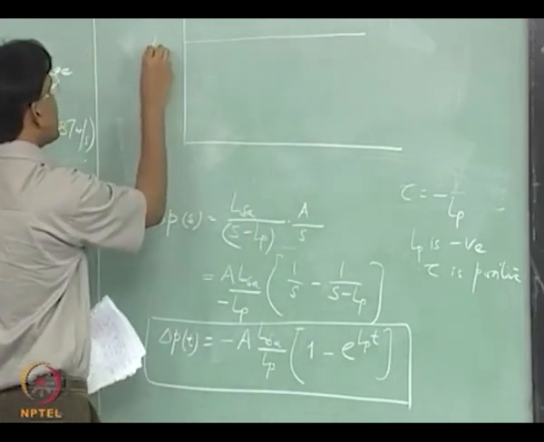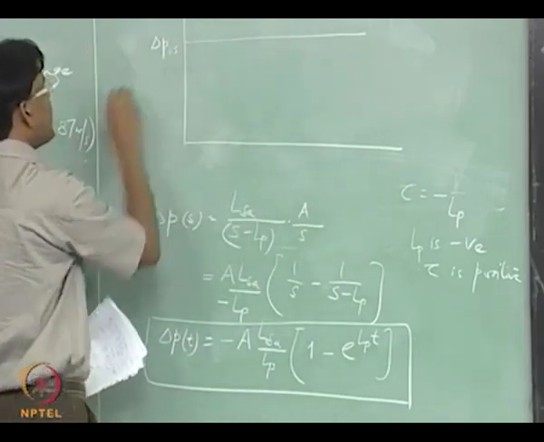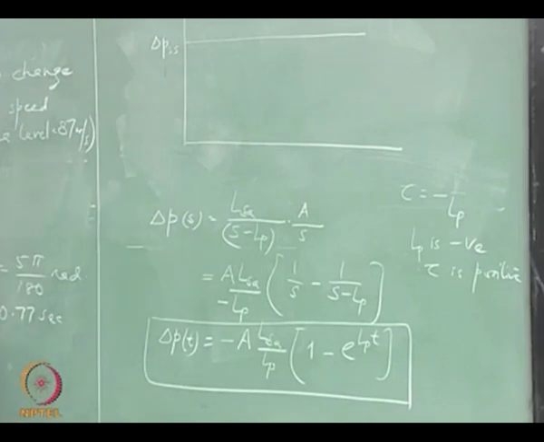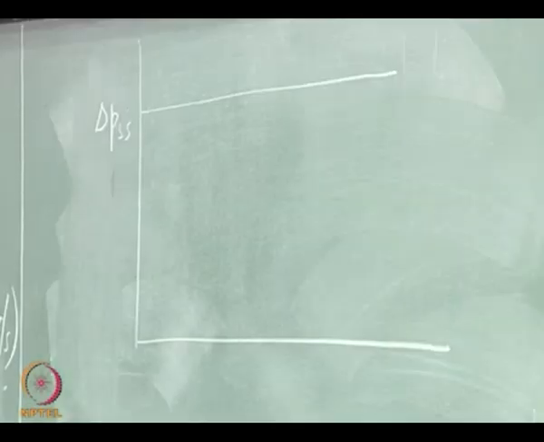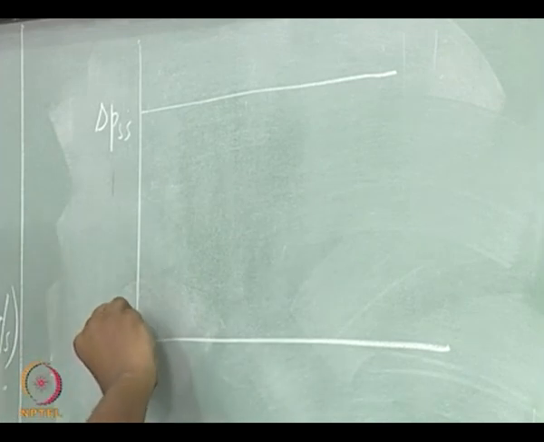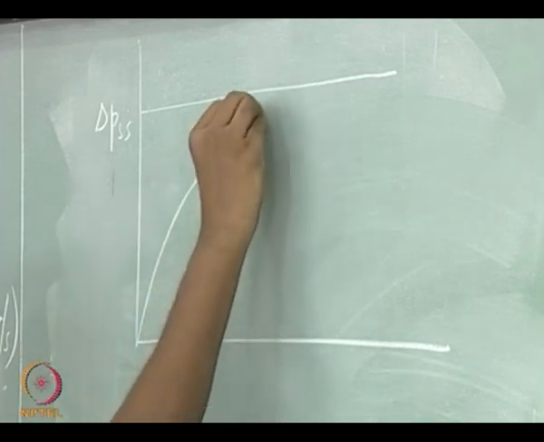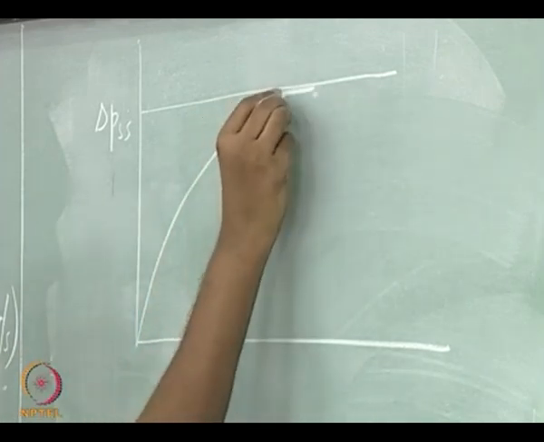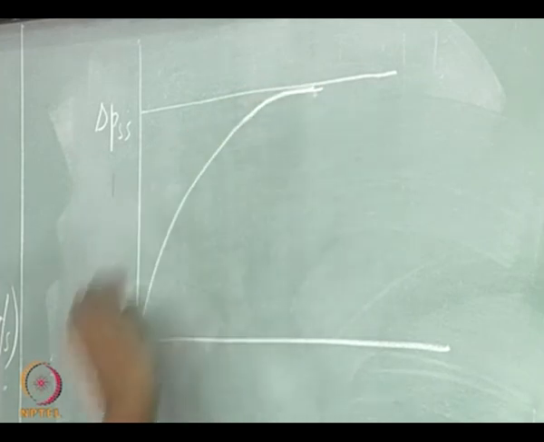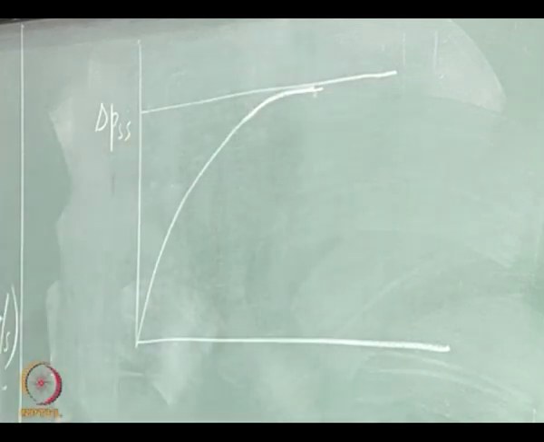So, this is delta P SS, right, for 5 degree aileron deflection at step, and the response is going to converge to the steady state roll rate, right. So, this is how roughly it will look like.